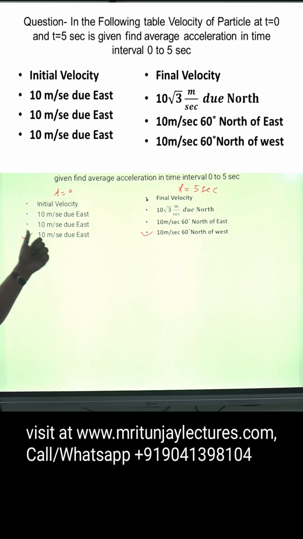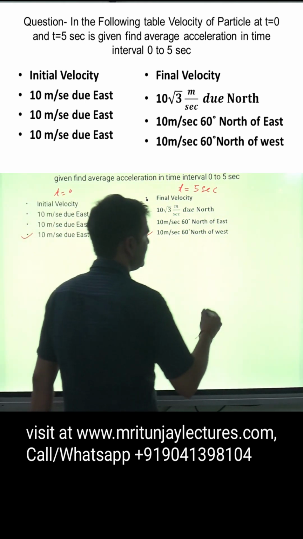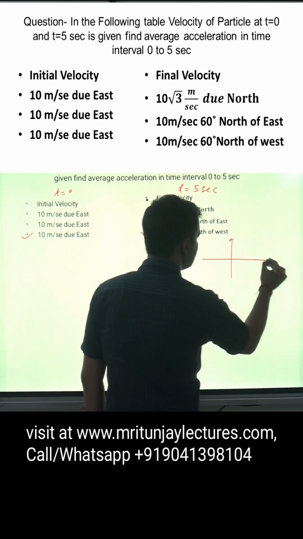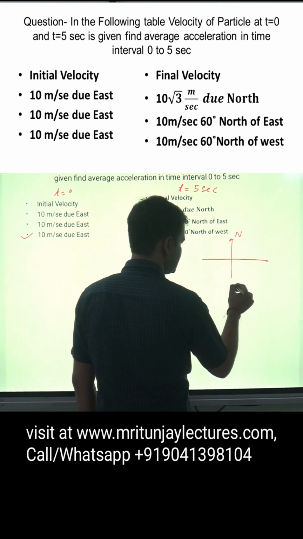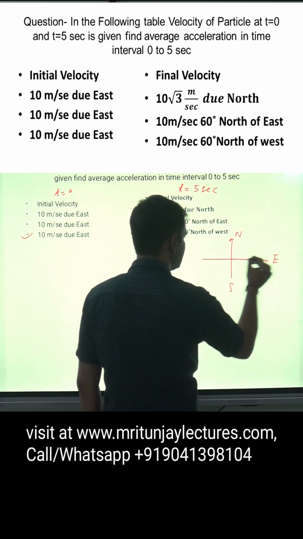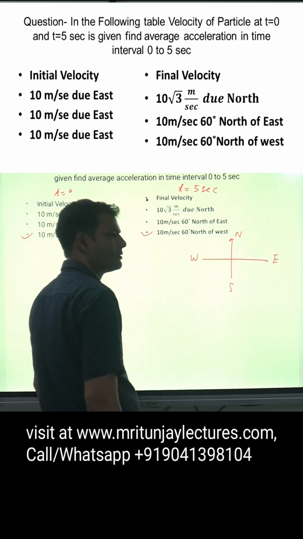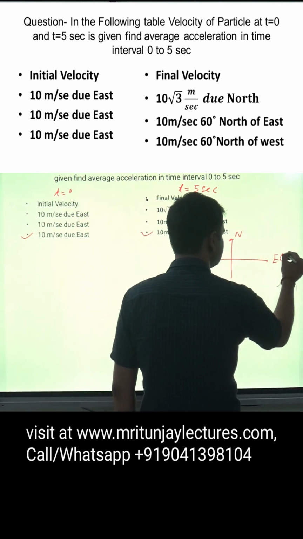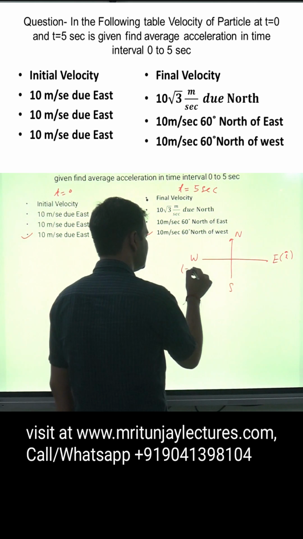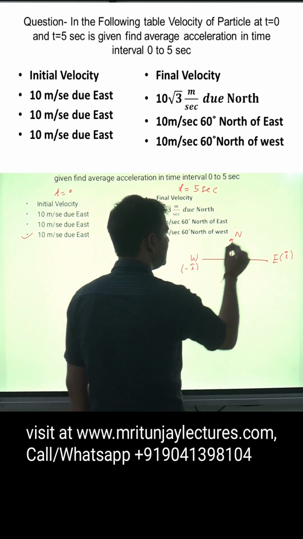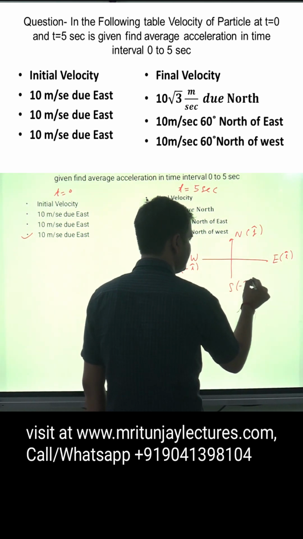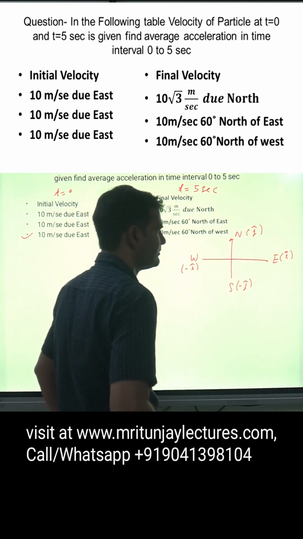So last one is, first of all, I know that here north, south, here east, here west. Clear? That one is i cap, here minus i cap, here j cap, here minus j cap. Clear?